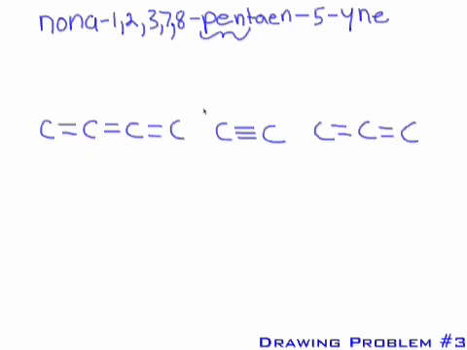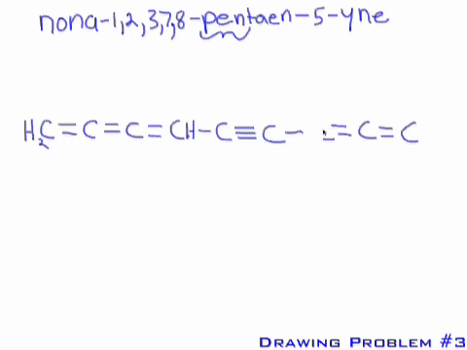So now you can put in your hydrogens. Make sure each carbon only gets 4 bonds. The end carbon here has 2 bonds, so it needs 2 hydrogens. This carbon has 4 bonds, doesn't need any. This carbon has 4 bonds, doesn't need any. This carbon has 3, so it needs 1 H. This carbon has 4 bonds, doesn't need any. This carbon has 4 bonds, doesn't need any.